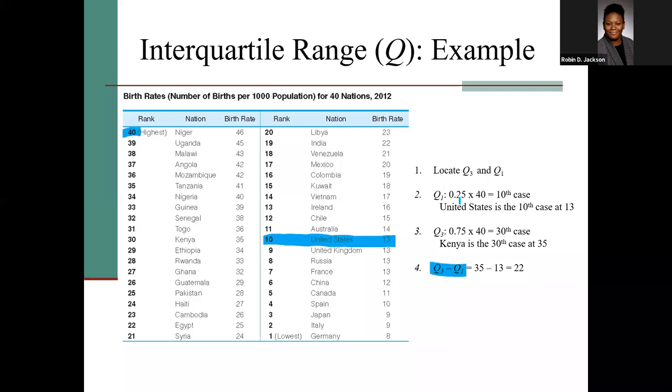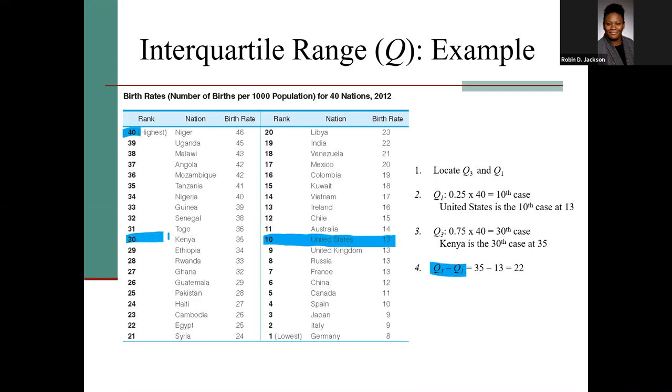So you multiply 0.25 times 40. That gives you the 10th case. You do the same thing with 0.75. 0.75 times 40 equals the 30th case. You might want to take a moment and try that on your calculator. I tested it out on the calculator on my phone, just a basic calculator, just to make sure.